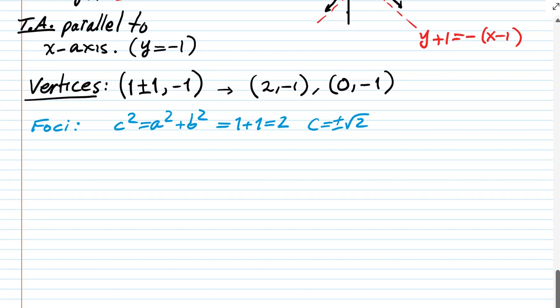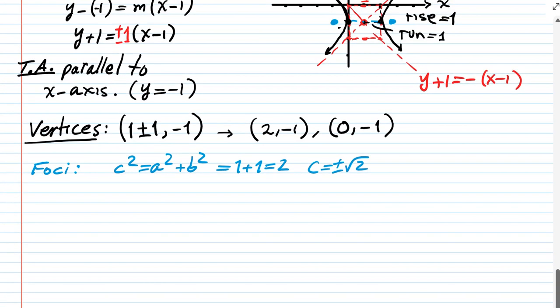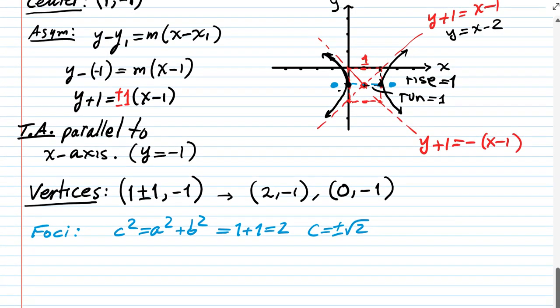Okay, so the foci, now what are the coordinates of the foci? Well, again, because they start from the center and go to the right, square root of 2. Once you're at the center, your x is already at 1, correct? So it's going to be 1, and then we're going to go plus minus, which means right and left, square root of 2 units, and the height doesn't change. The height is at -1.